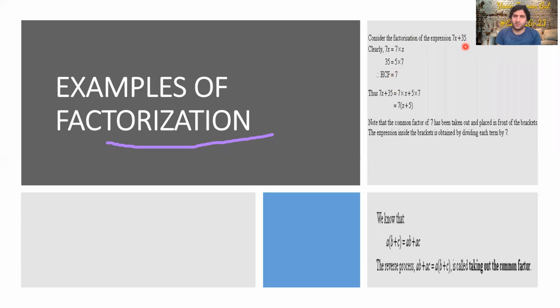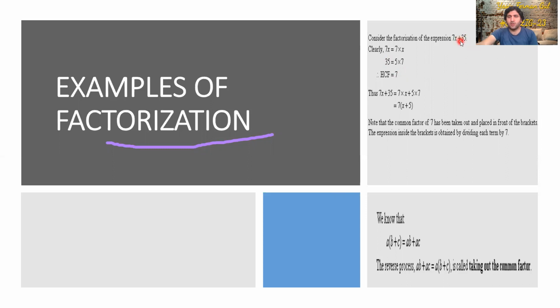To find the highest common factor of numbers, we write those numbers next to each other and start dividing them until we can't divide them anymore. So we see what is the highest factor that can divide both numbers together. Obviously it is going to be 7, because 7 is the highest common factor of 7 and 35. So this is the expression.